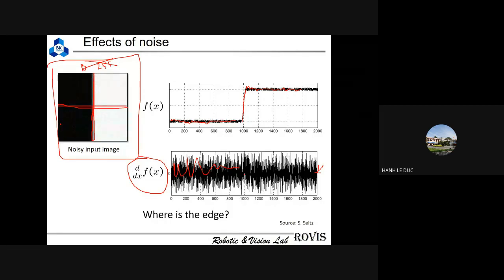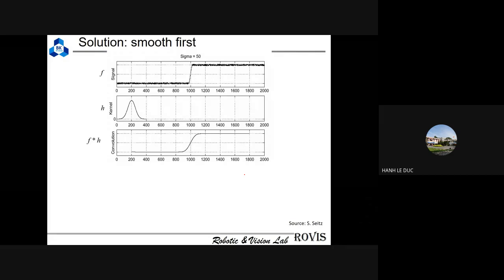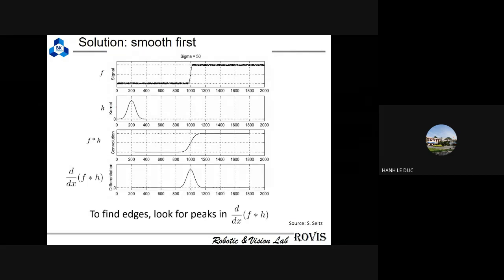So before we apply the edge detection, we often convolve with a Gaussian kernel. We define a Gaussian kernel and then do the convolution. When we do the convolution, this becomes very smooth like this. All the noise becomes zero, and this becomes a linear motion like this.